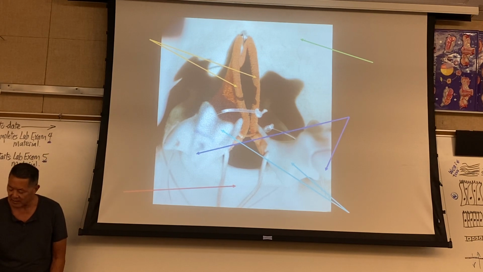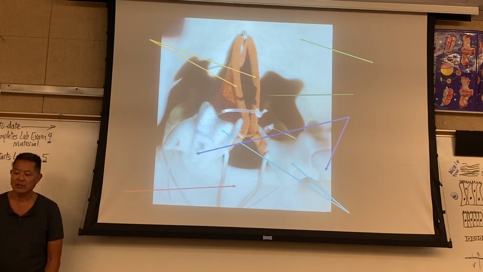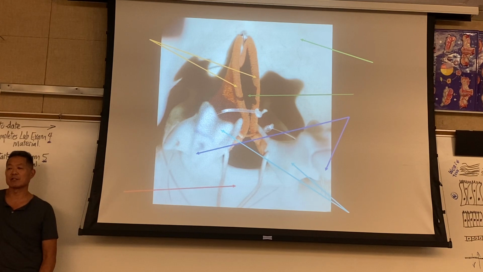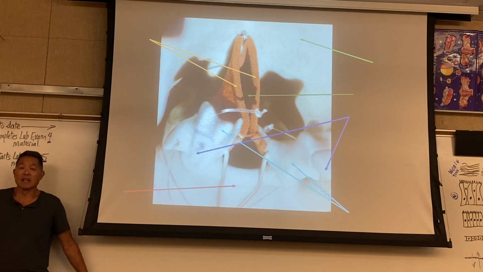The opening between the two vocal cords in dark green is the glottis. It is the gap between the true vocal cords. It is what the epiglottis is covering when you swallow.